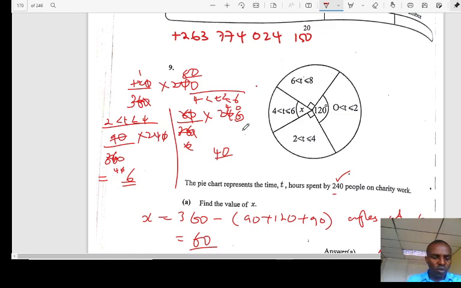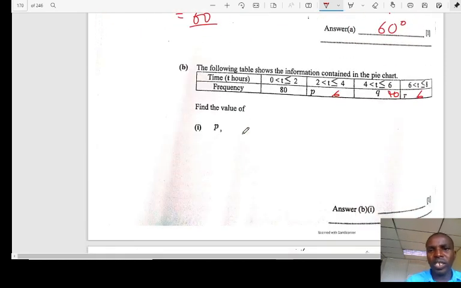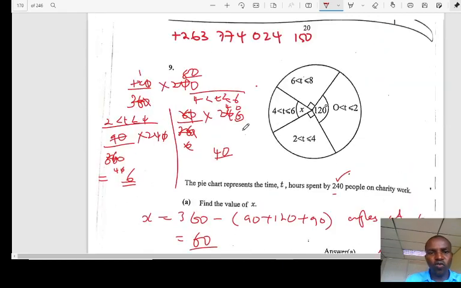Then 0.25 times 240, you get 60, not 6. So it's supposed to be 60, not 6 here. So this one is 60, this one is 60, not 6. So if you say 80 plus 60 plus another 60 plus 40, yes, you get 240. So the total frequency must be 240 in this case.